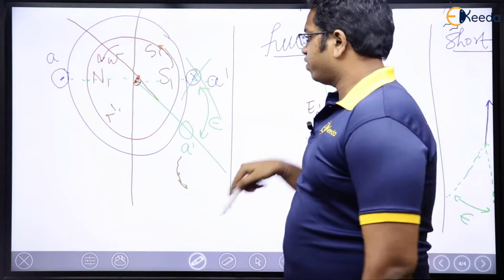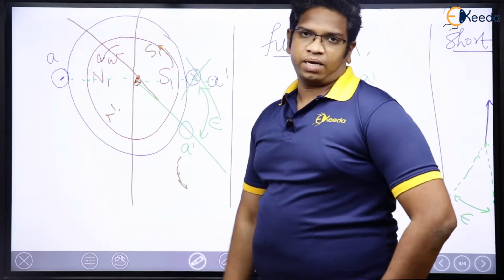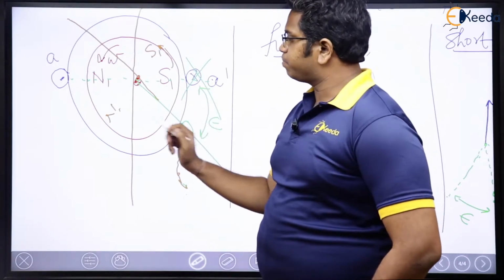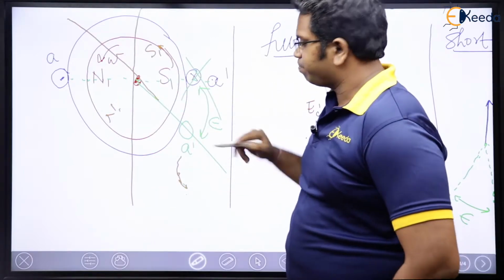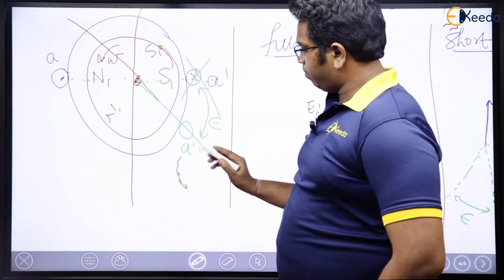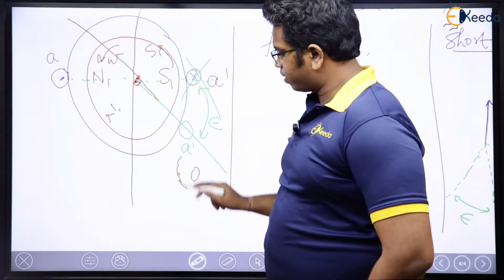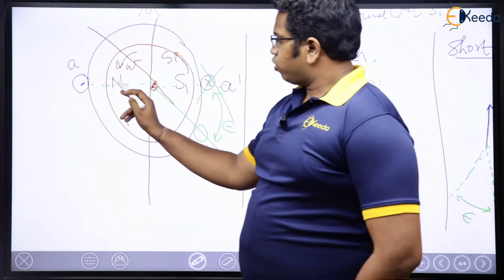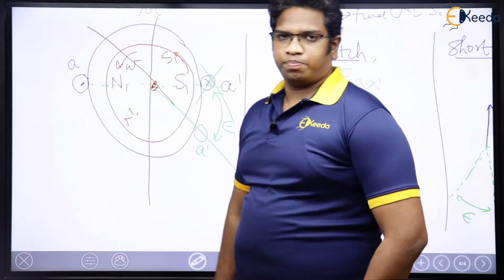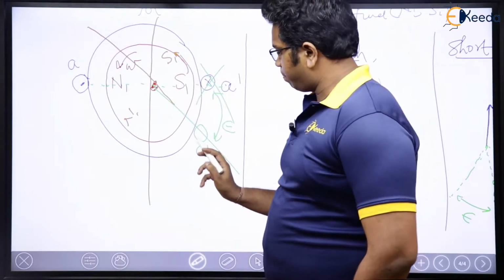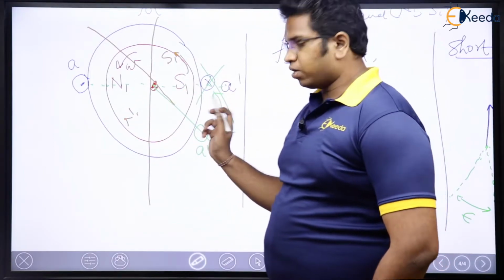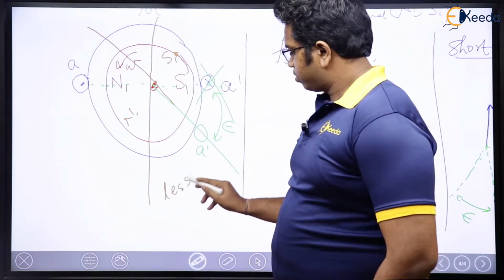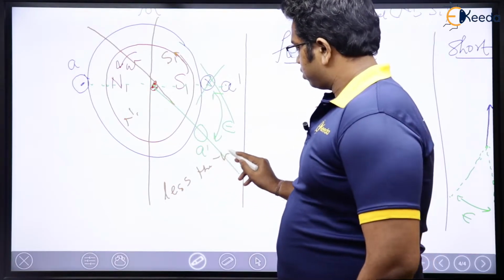After some angle epsilon, this interpolar axis will come here, which means A dash is going to become 0. As of now, when N1 is here and S1 is here, A dash will have negative voltage, but less than negative maximum.